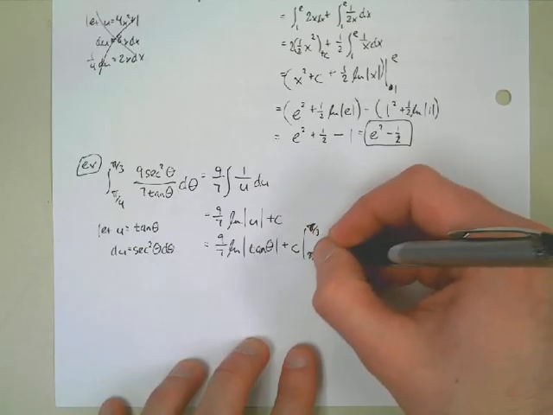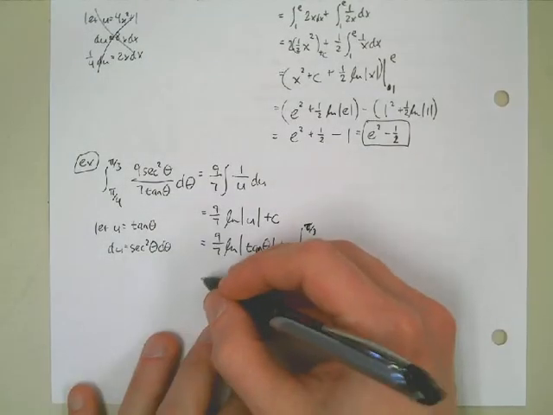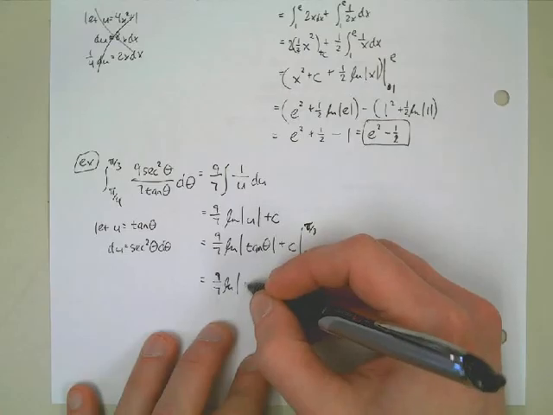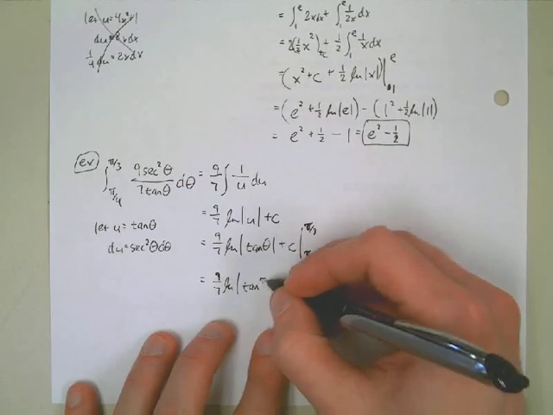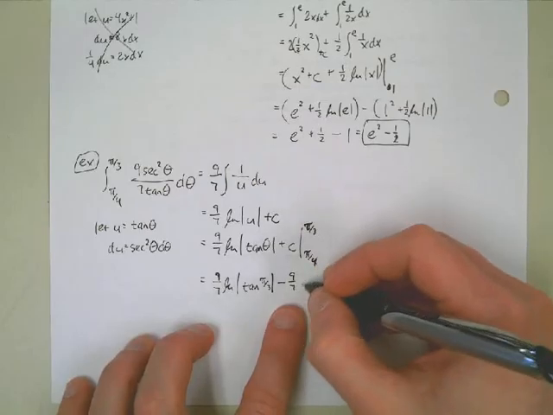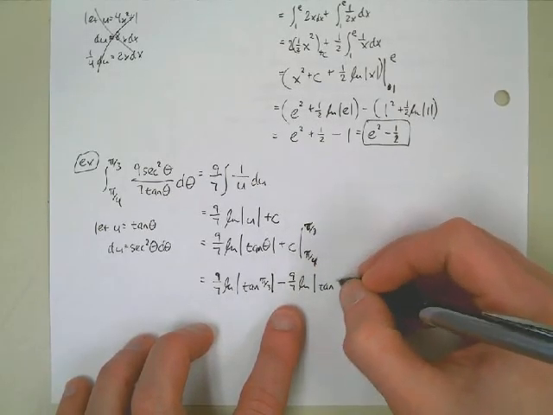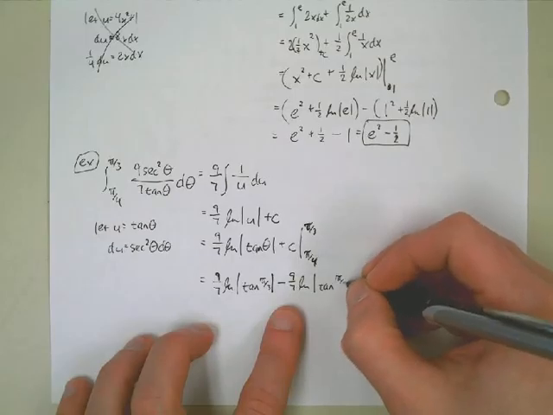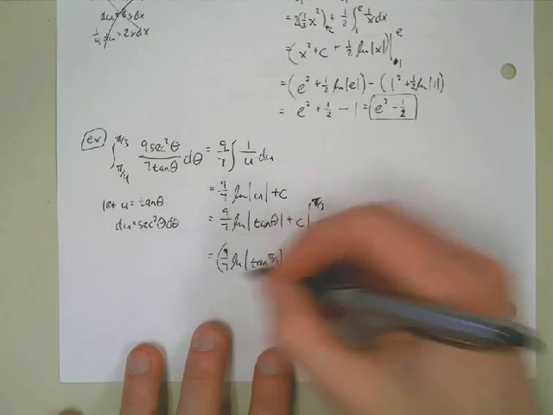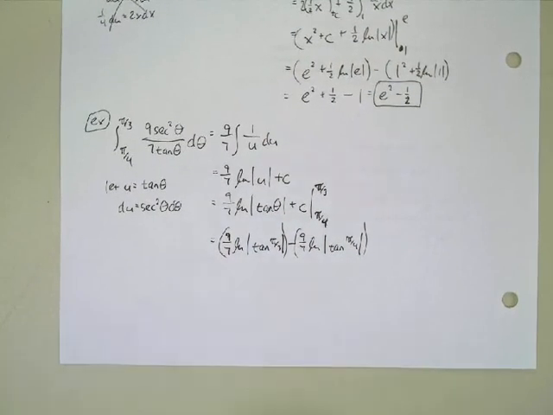And so we'll plug those in. 9/7 natural log of the absolute value of tangent pi over 3, minus 9/7 times natural log of the absolute value of tangent of pi over 4. And again, it's not a bad idea to put parentheses on your upper and lower limits, even though in this case there's not really a quantity.